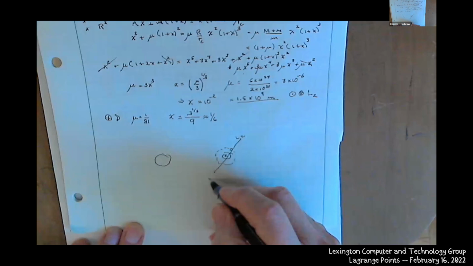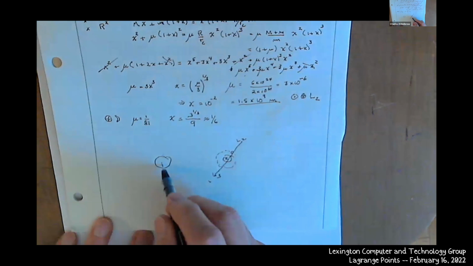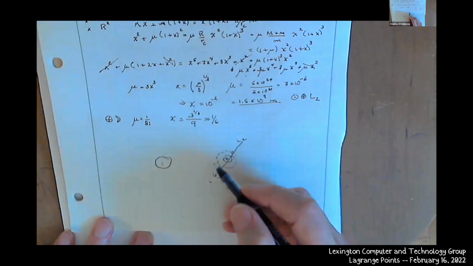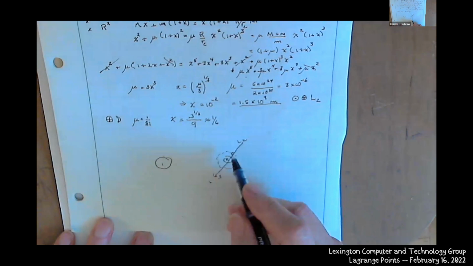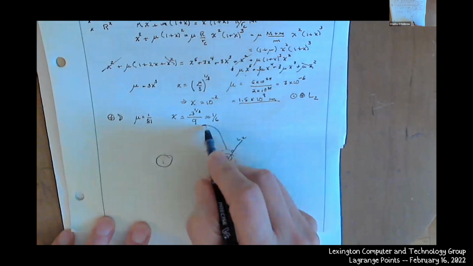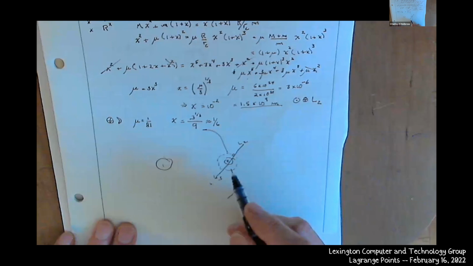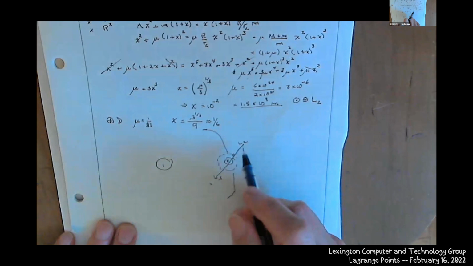And here's the sun. This whole system is in orbit around the sun. And as it goes, this bar here is rotating once a month.